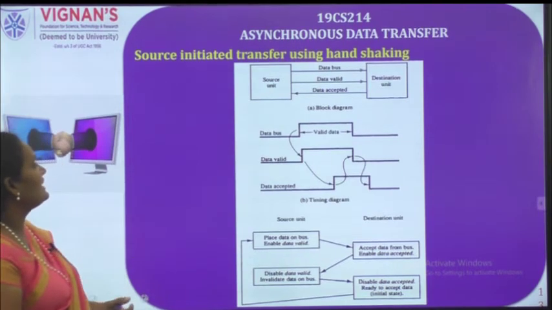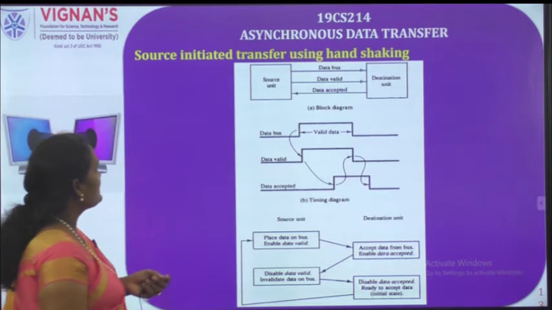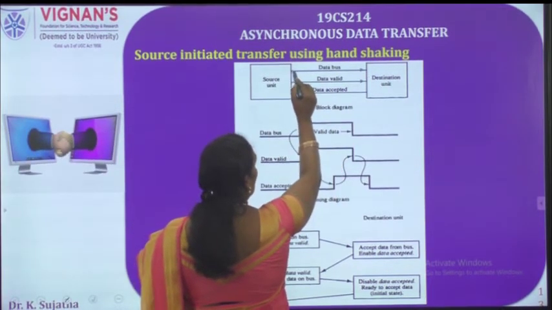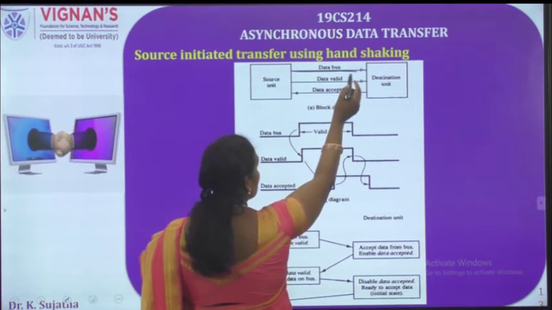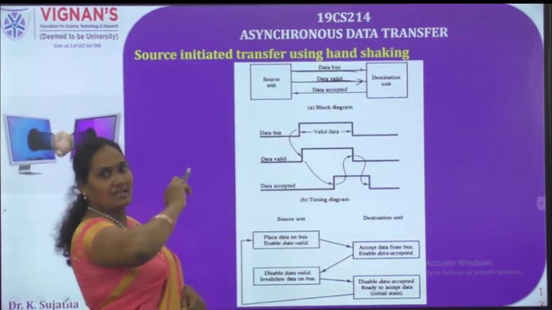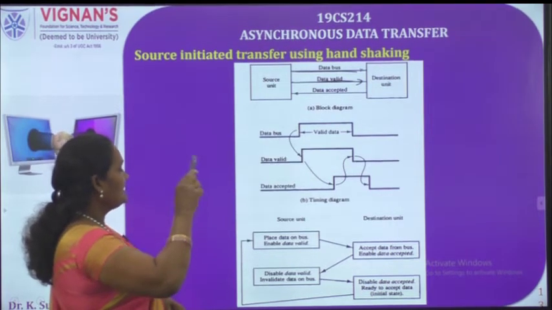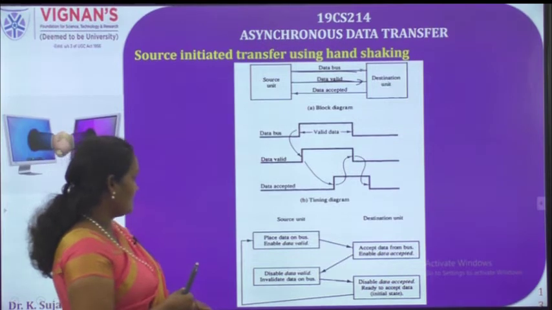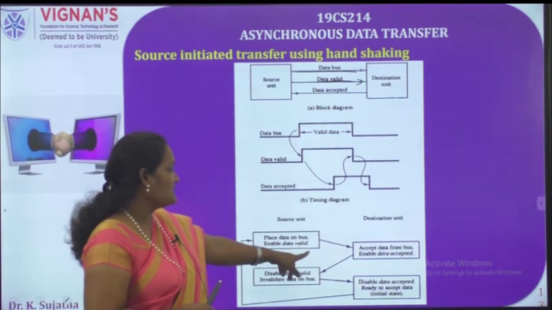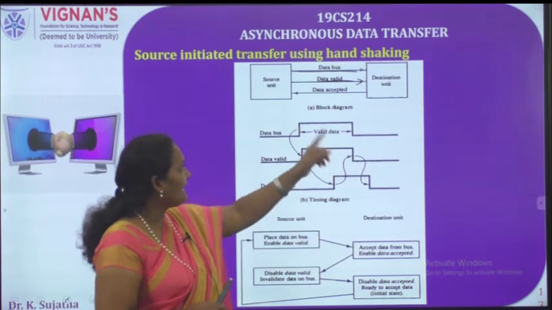Now this indicates the source initiated transfer using the handshaking method. Let us observe the things. The source initiates the transfer. First the source places the data onto the data bus and enables the data valid line. These are the sequence of actions: places the data and enables the data valid line; accepts the data from the bus and enables the data accepted line.